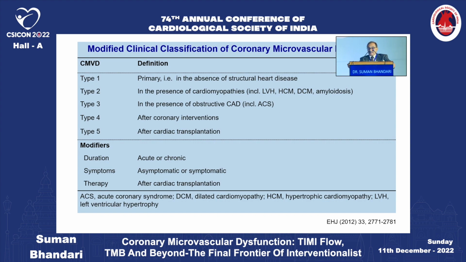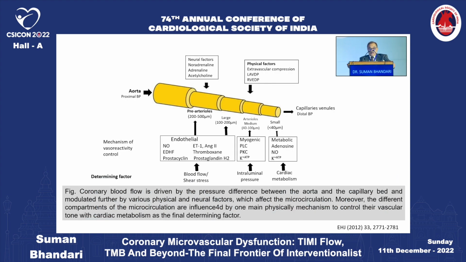And we need to remember that the capillary, venules and the pre-arterioles are structures as small as 40 micrometers, and the arterioles are 40 to 100.